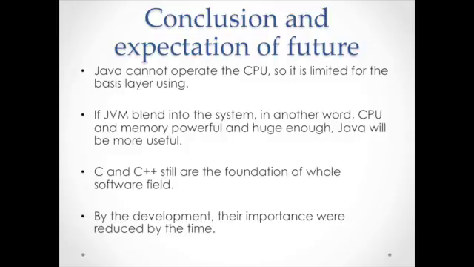But if the whole JVM, the Java virtual machine, can be built into the system, which means the CPU needs to be powerful enough and the memory big enough, Java can be more useful, because Java can work like C and C++, controlling all the CPU of the whole computer, without needing to work on the JVM, with the JVM working on the operating system.